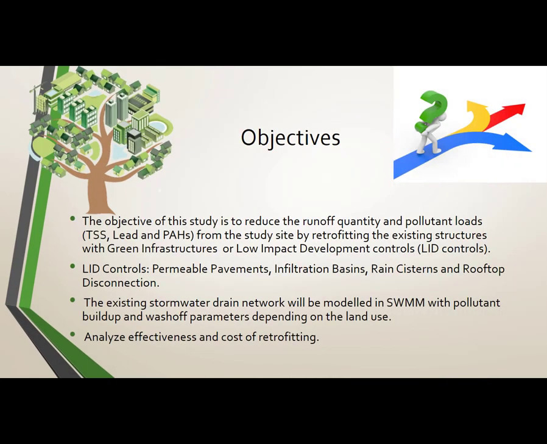So the objective of this study is to reduce the runoff quantity and the pollutant loads. We will be looking at three pollutants, which are total suspended solids, TSS, lead, and polyaromatic hydrocarbons, PAHs, which come from various sources, such as smoke or petroleum products, and also sealants, etc. We will look at the runoff quantity and the pollutant loads from the study site by retrofitting the existing structures with green infrastructure or low impact development controls, LID controls.